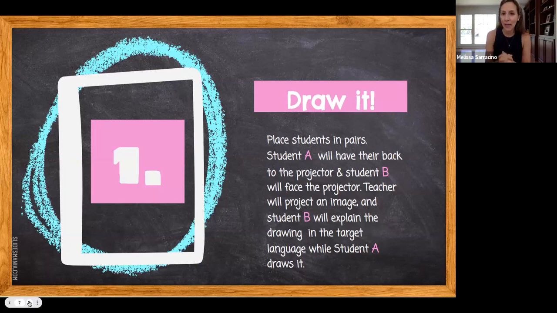I place students in pairs, and they rotate from A to B various times. Student A will have their back to the projector, and student B will face the projector. I project an image that relates to the vocabulary that I'm teaching for the unit, and student B explains the drawing in the target language while student A draws it. I give the students about 2 to 3 minutes per photo.